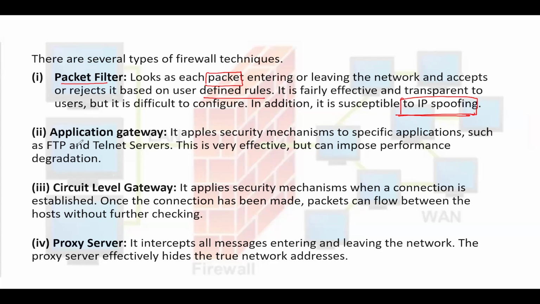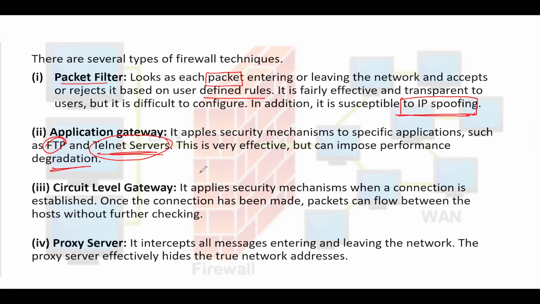Application gateway applies a security mechanism to specific applications such as FTP and telnet servers. This is very effective but can impose performance degradation. With an application gateway, we will have a gateway for each of the applications, and we use these kinds of protocols. A little performance will degrade, which means performance will reduce because of this.